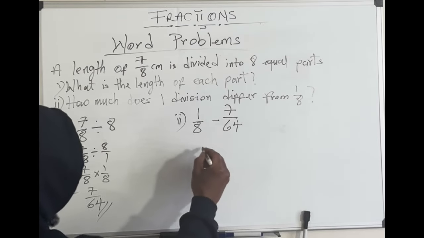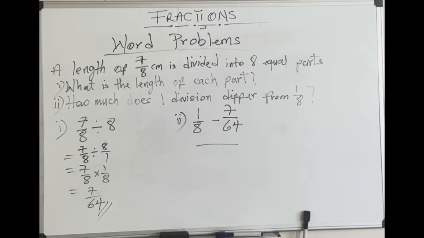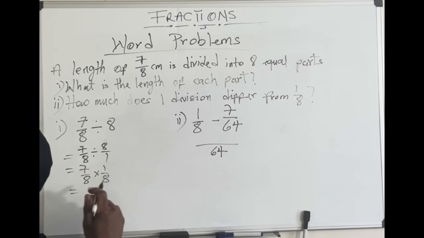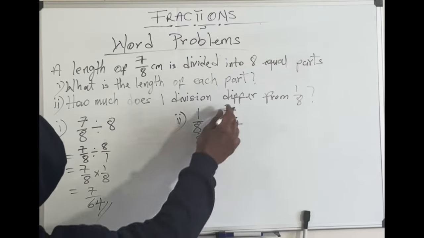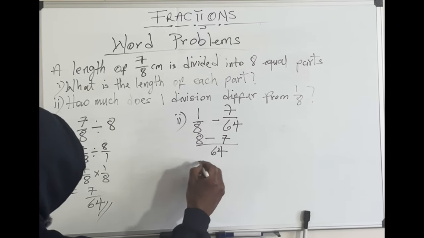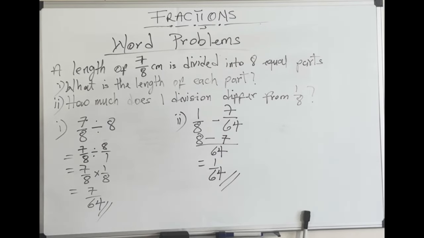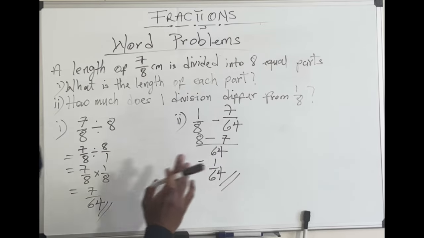Okay, so we find the LCM, which will be 64. Okay, so 8 goes into 64 8 times, 8 times 1 is 8, minus 64 goes into 64 once, 7, so 1 over 64 will be our final answer for how much one division differs from 1 over 8.